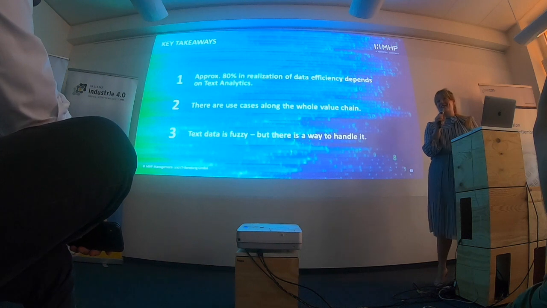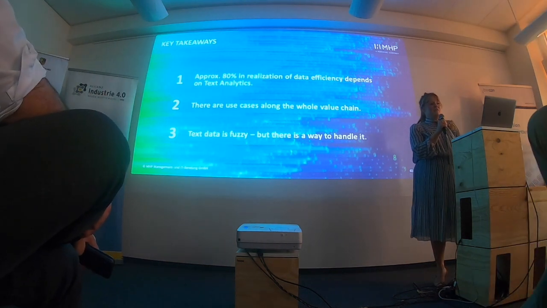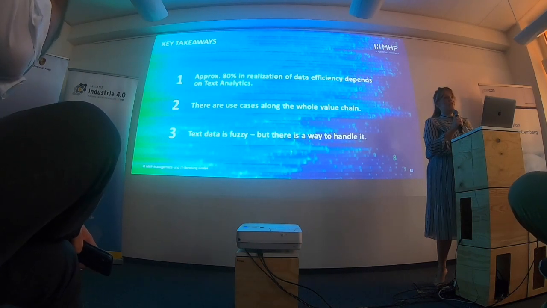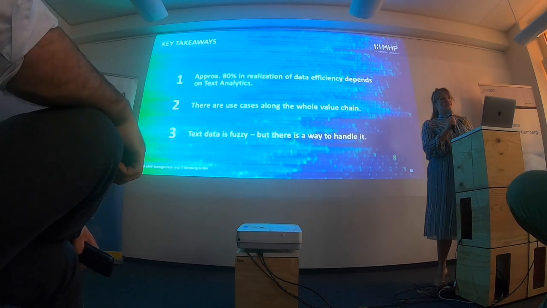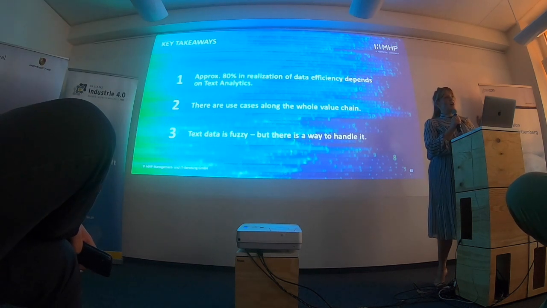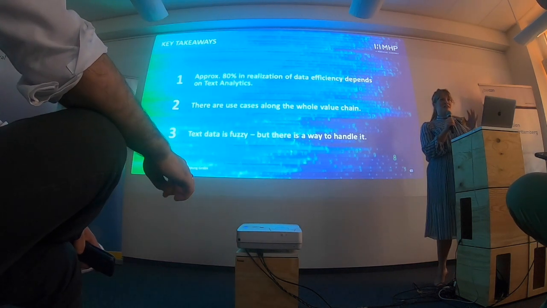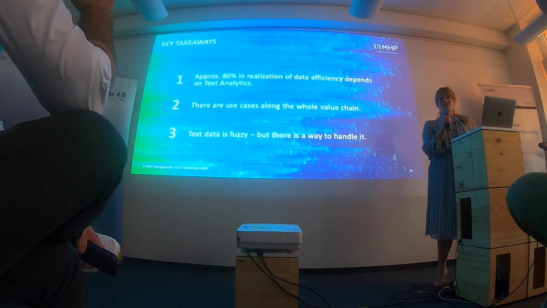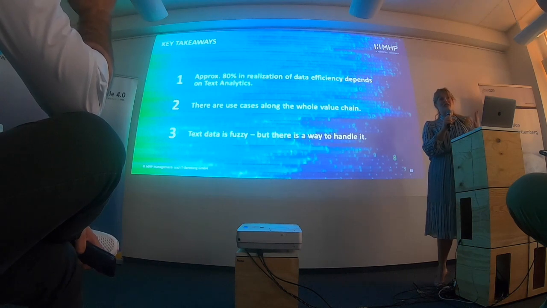So the 3 takeaways, I don't have 10, I just got 3. There's a lot of text data, and according to that there are a lot of use cases, because everywhere where text is, I think there are also use cases. You have to validate if the effort is in balance with the benefits you will earn, and I think Dirk also shows you how you can validate which one is the low-hanging fruit or not.